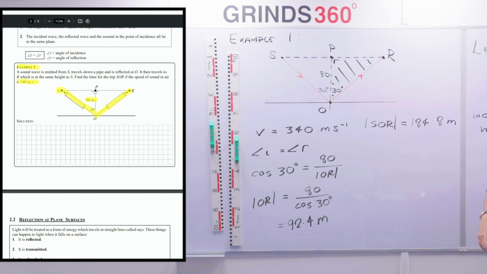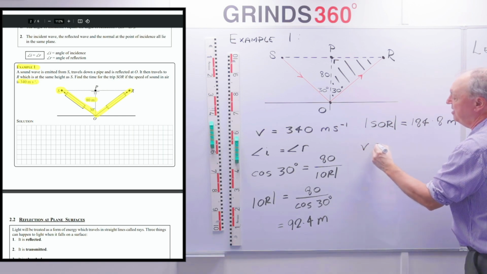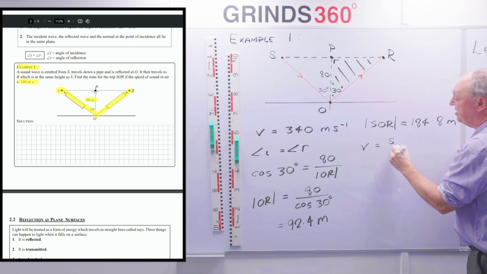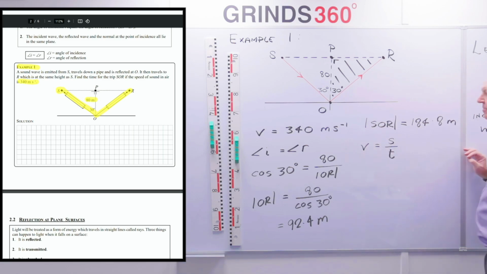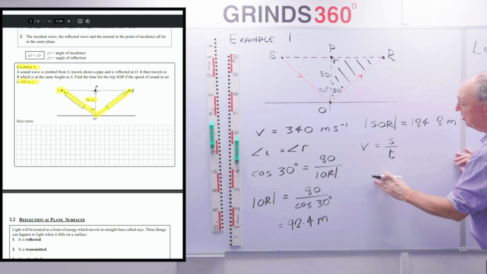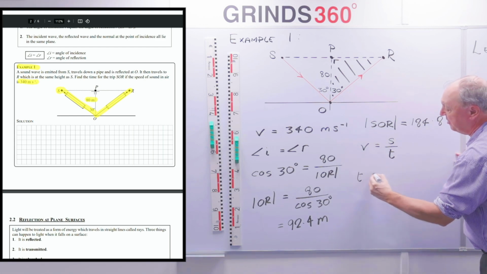Now I'm going to use a formula that you used in a previous lesson. What's the formula for velocity in general? Velocity, V, or speed, is distance S divided by time. I'm looking for the time of the journey, so I'm going to slide the T up and the V down.